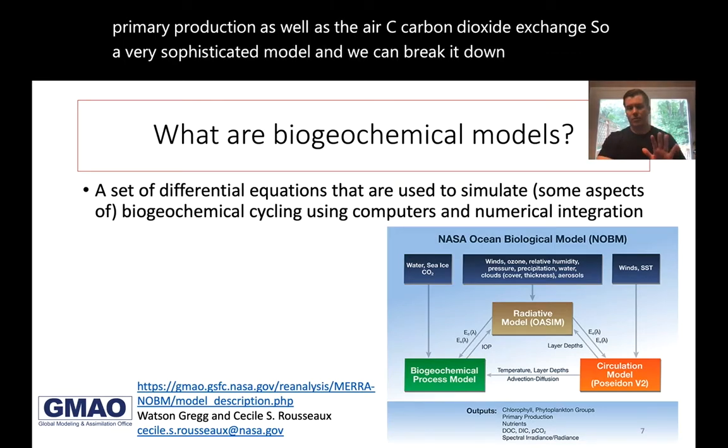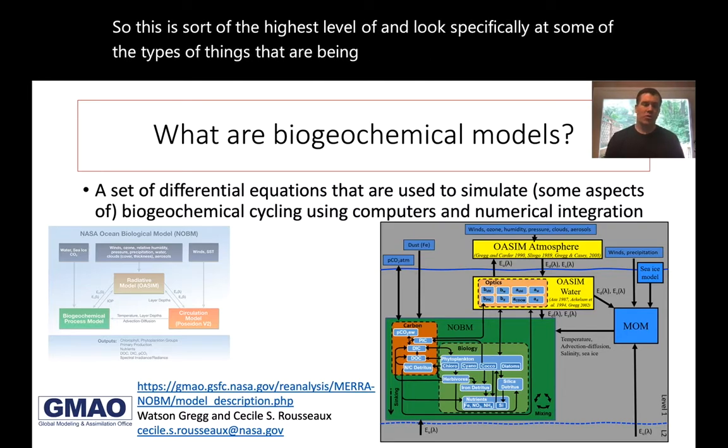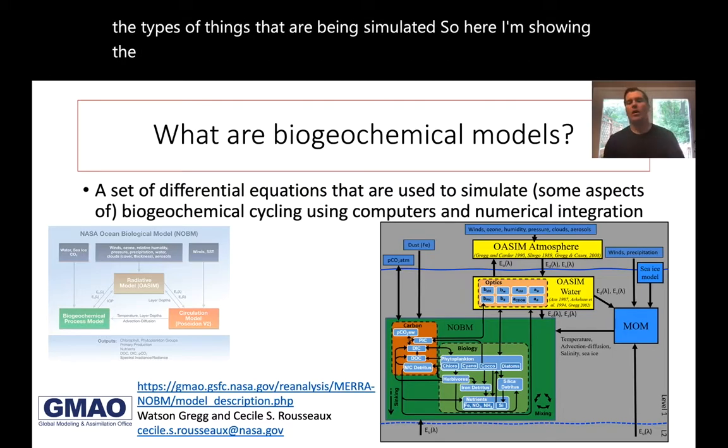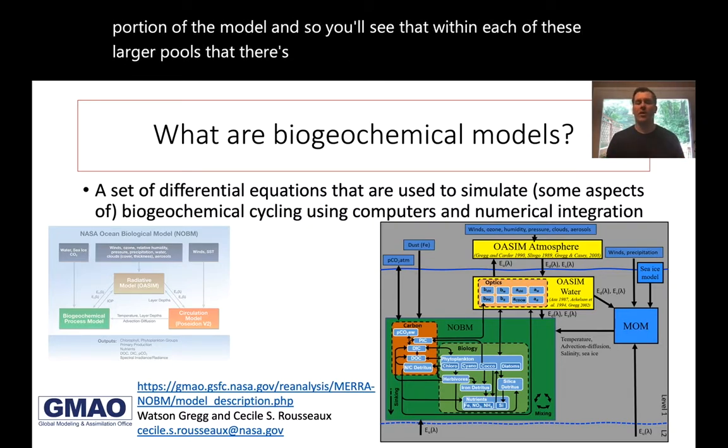A very sophisticated model, and we could break it down even further. This is the highest level view, and now we look specifically at some of the types of things that are being simulated. Here I'm showing the biological portion of the model and the radiative transfer portion of the model. You'll see that within each of these larger pools there are many flows going on.